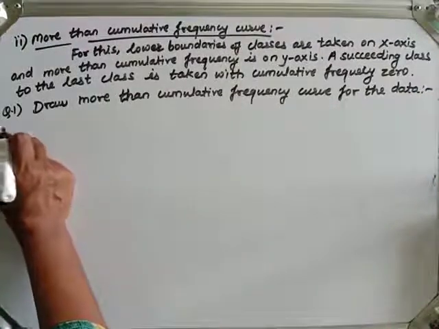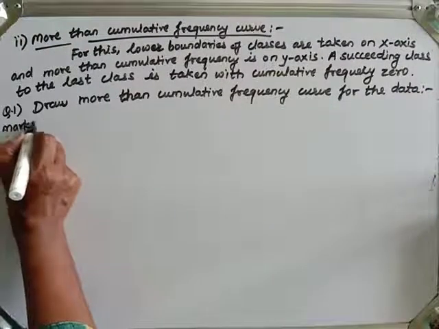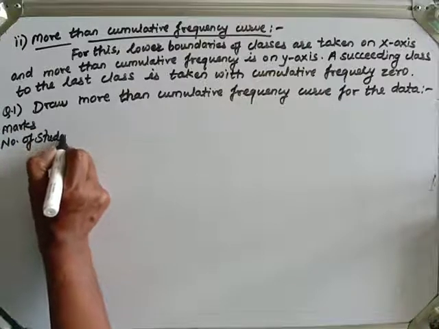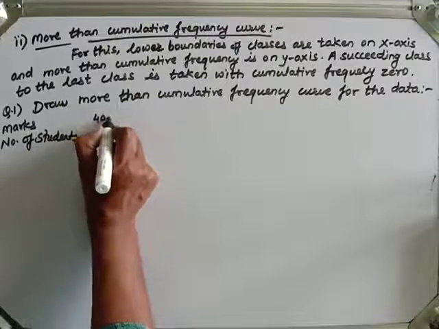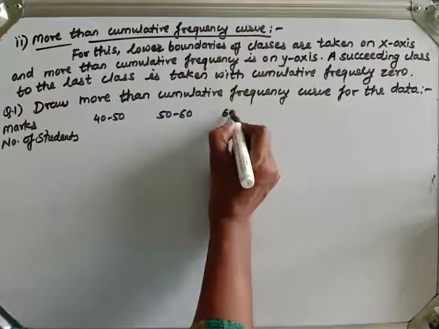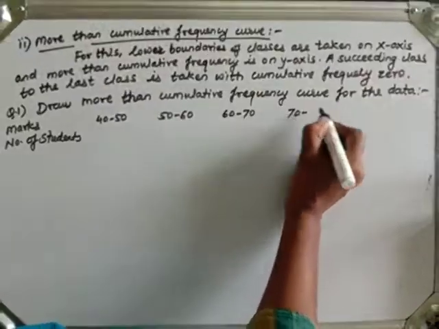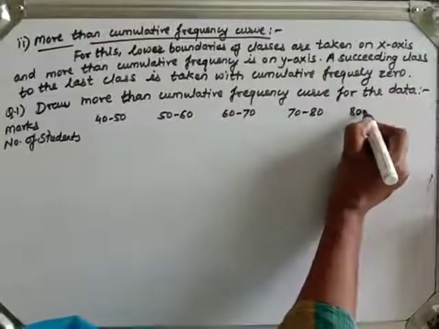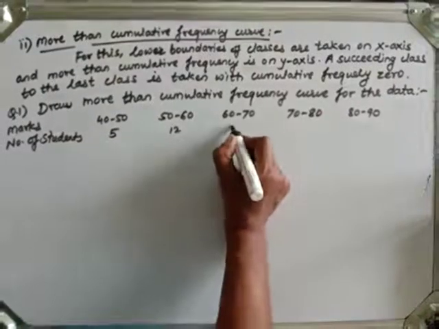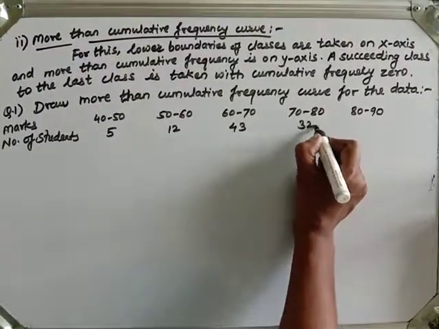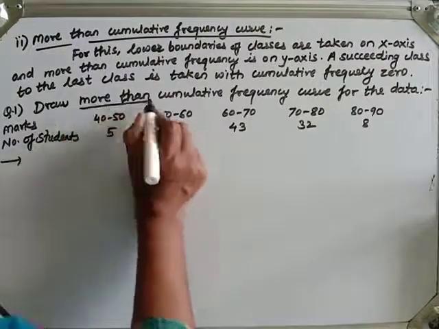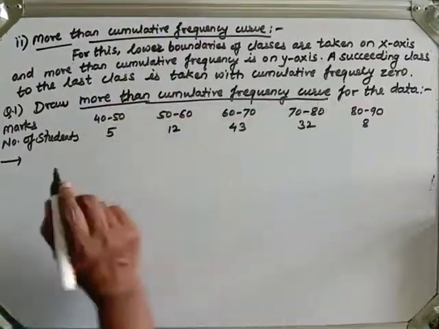So same question, let me take marks and number of students. Marks from 40 to 50, 50 to 60, 60 to 70, 70 to 80, 80 to 90. So 40 to 50, 5 students, here 12, 43, 32 and 8. So let us draw now more than cumulative frequency curve for this data.